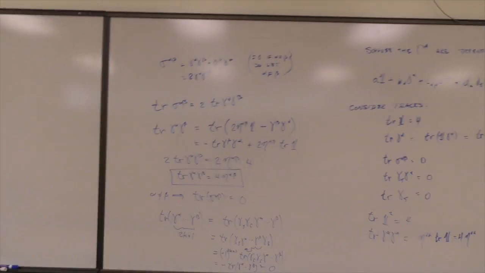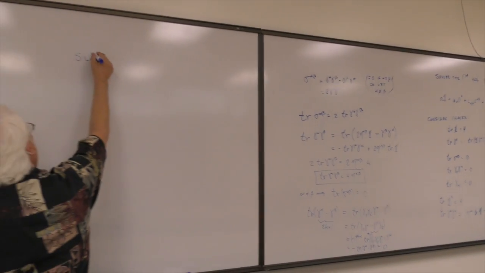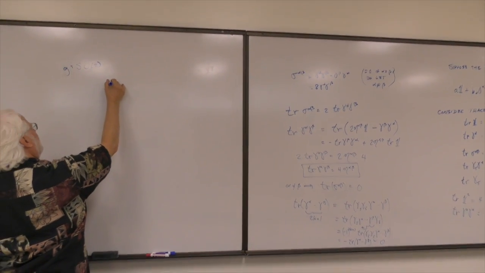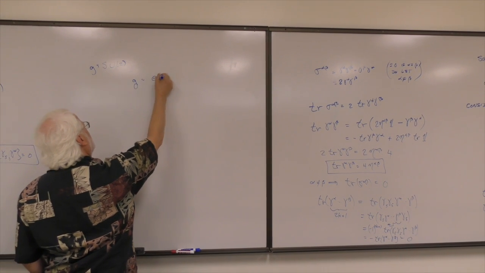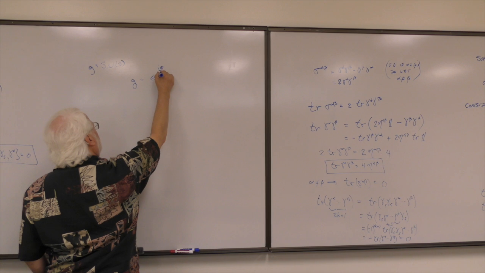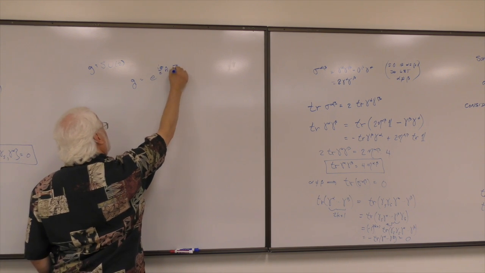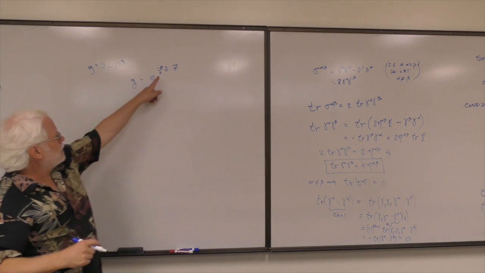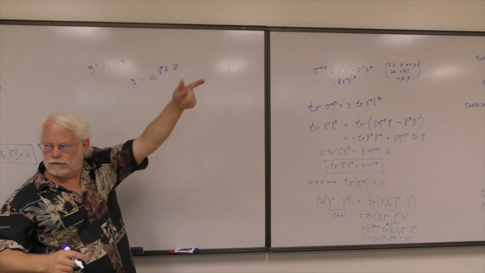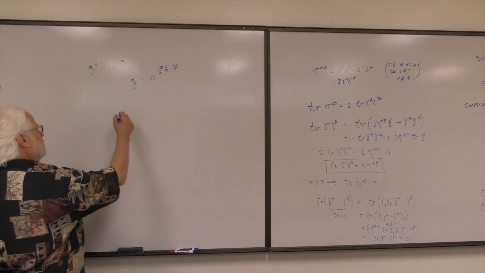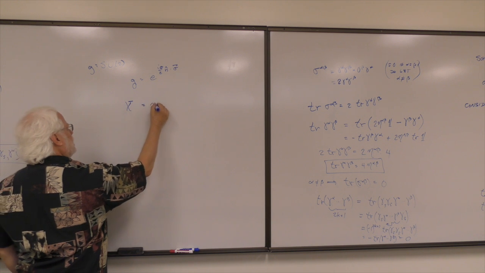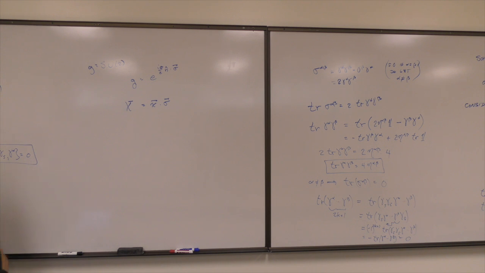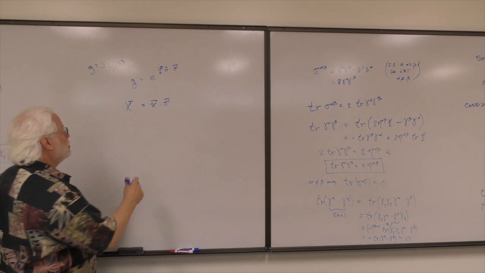So for SU2, we know that if G is an element of SU2, we can write it as the exponential of some i phi over 2 unit 3 vector dot sigma. So it's parameterized by 3 real parameters, 2 angles for the unit vector, and then 1 angle of rotation around that direction. And we saw that if we let X be a linear combination of the Pauli matrices with 3 real coefficients, then that's preserved by these transformations under similarity.